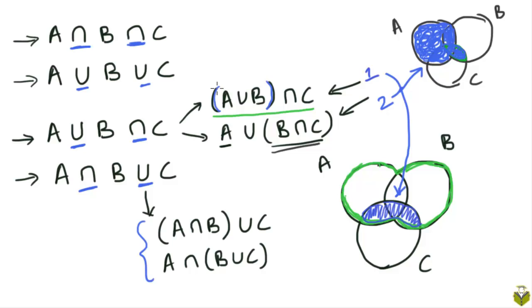So this expression clearly indicates that we have to perform the union operation first within the parentheses and then perform the intersection operation. So we shouldn't write this expression like this without parentheses, because it's ambiguous. We have to supply the parentheses to clearly indicate which of the two operations we intend to perform first.